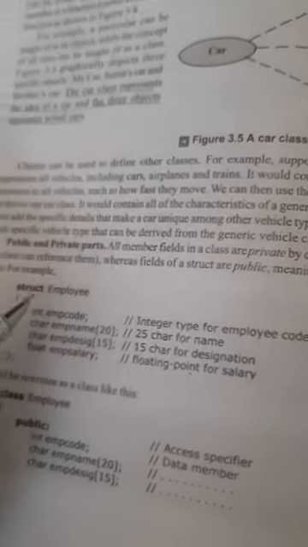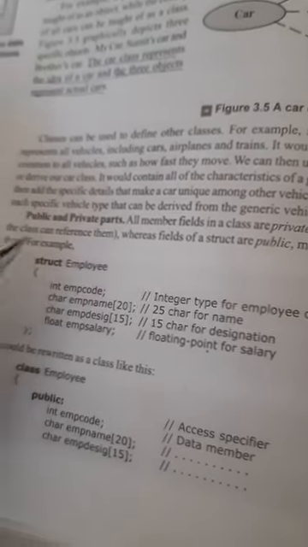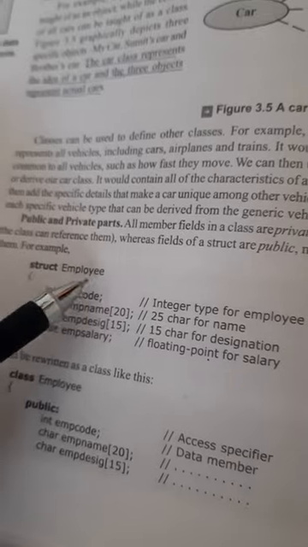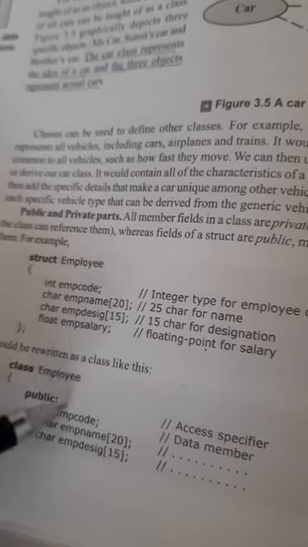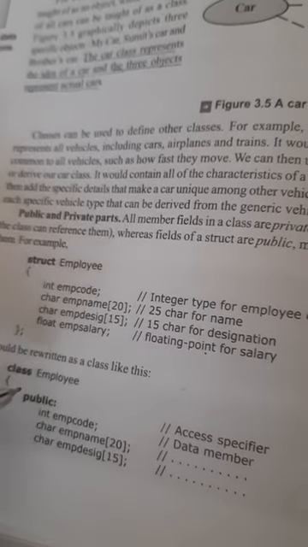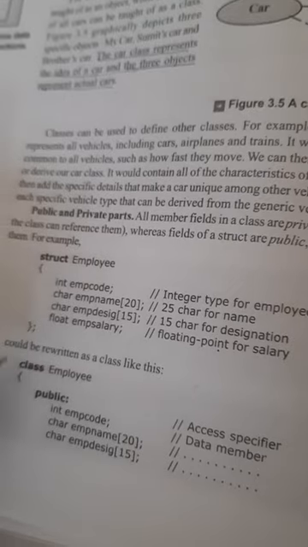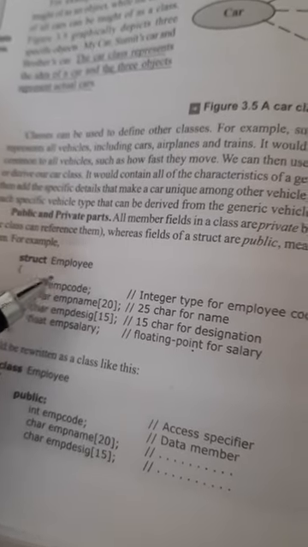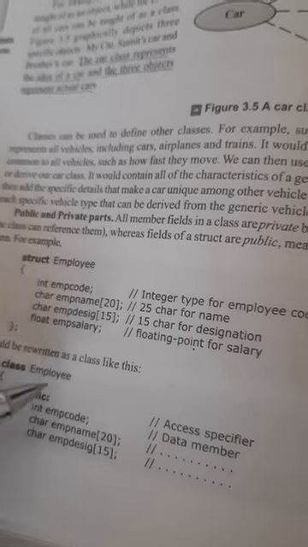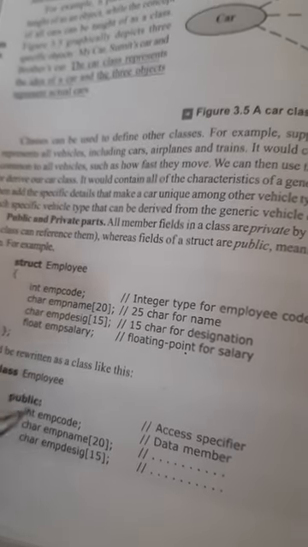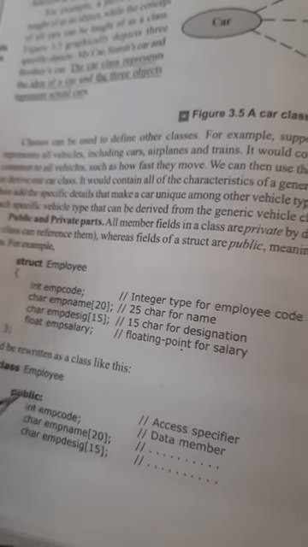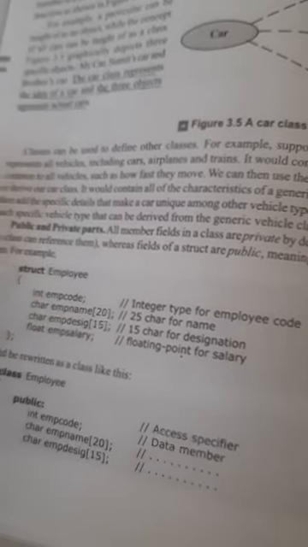So if you see the syntax, the format between a structure and a class, you can see that it is pretty much similar, except that the keyword struct has been changed to class, and there is a new addition called public or private or protected. These are called access specifiers, which I'll explain in later chapters.